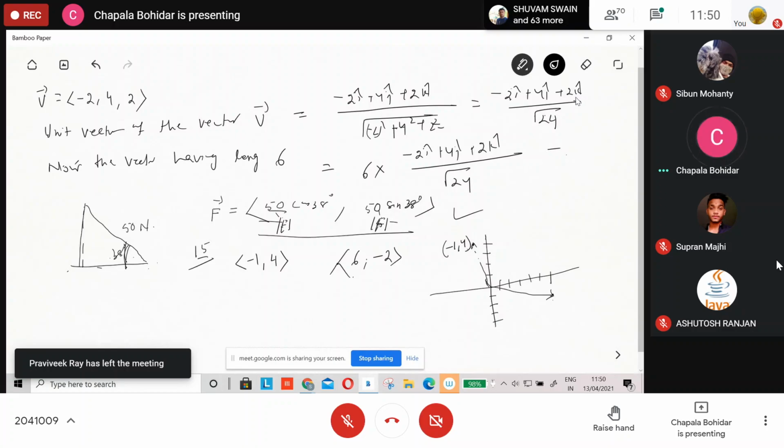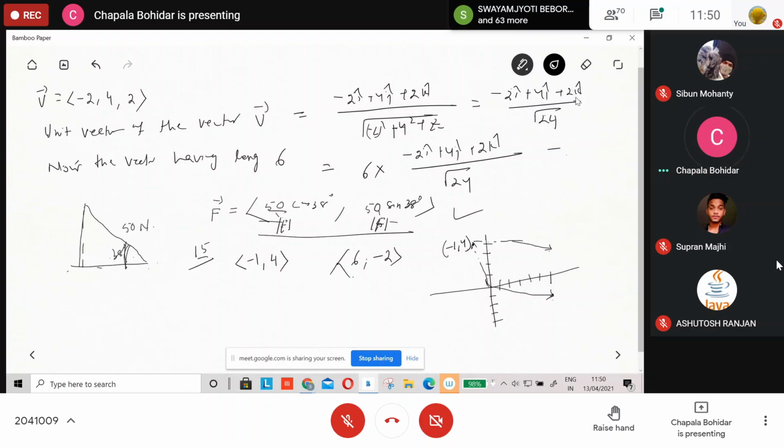What will we do? Draw the parallel line, parallelogram law. Draw the parallel line here, and the resultant is this one. That is your A plus B. Find out A plus B.